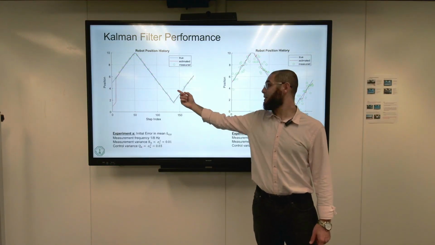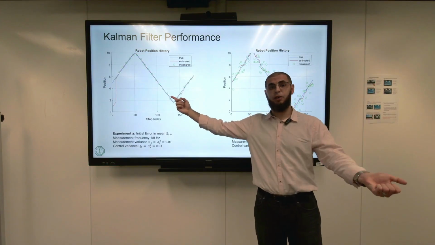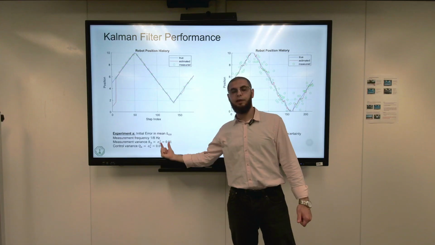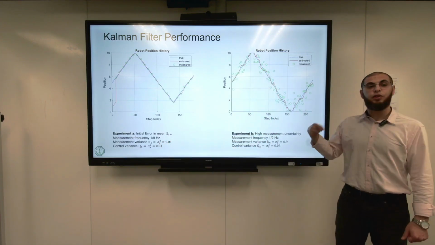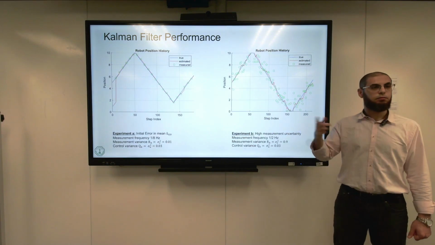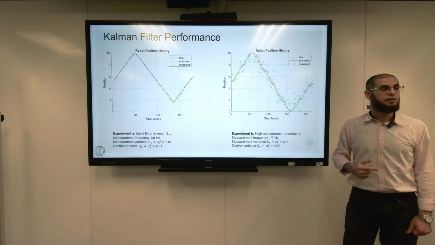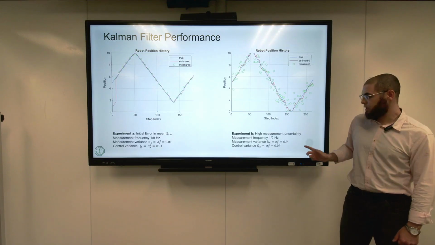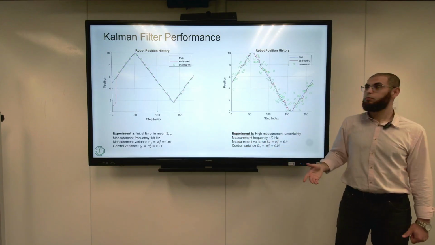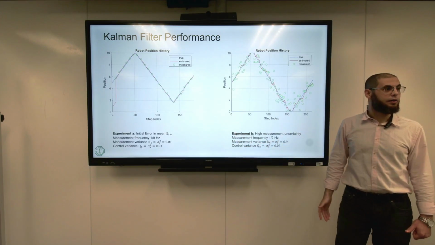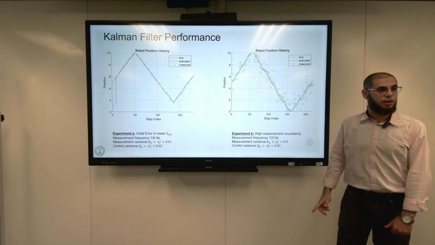There the measurements come every 8 seconds but are very certain, with a very low variance of 0.01. Here I get them every 2 seconds, but they are very noisy, with a variance of 0.9, which is 0.9 divided by 0.01, so 90 times higher between this scenario and that scenario.